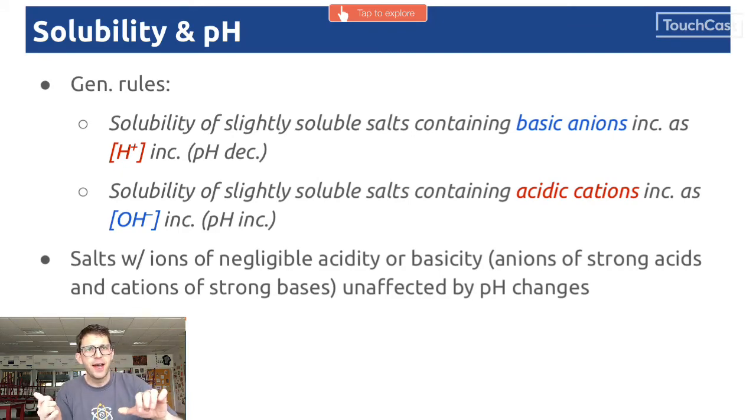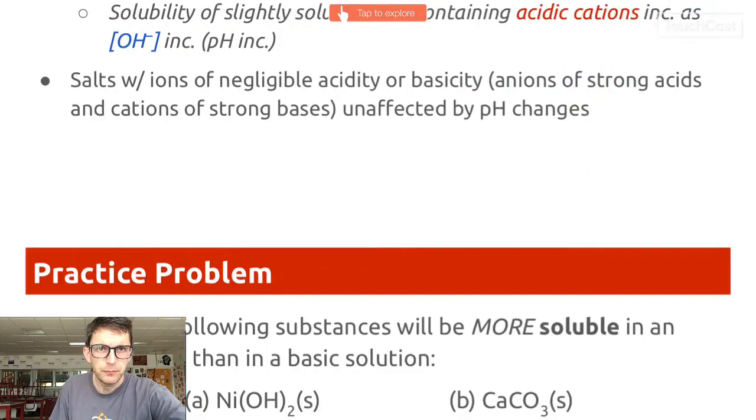On the flip side of that, if we have slightly soluble salts that have acidic cations, we can increase that solubility if we increase the concentration of hydroxide ions. That is, if we decrease the pH. And if we have salts that have ions of negligible acidity or basicity, well, it's not really going to be that affected by the pH changes that are experienced.